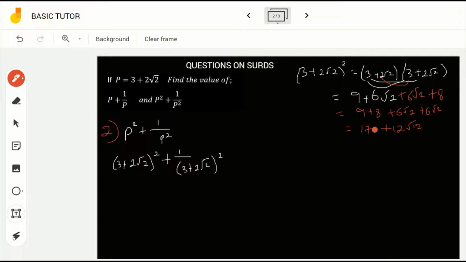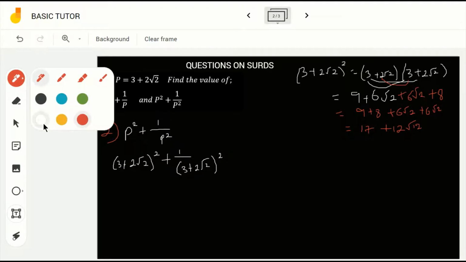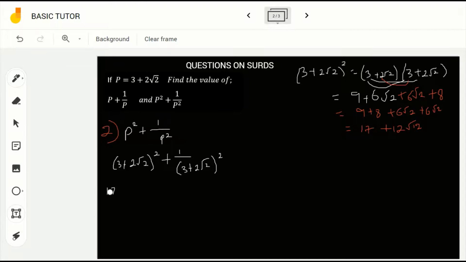So I can replace this with this. We have 17 plus 12 root 2 plus 1 over 3 plus 2 root 2 all squared, which is 17 plus 12 root 2.